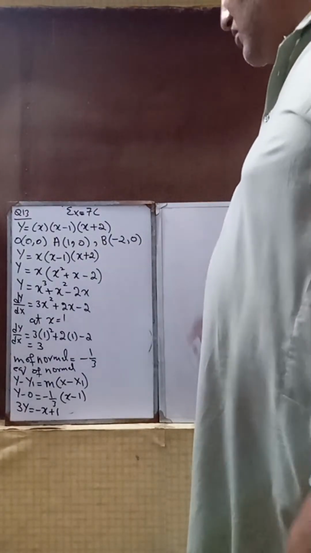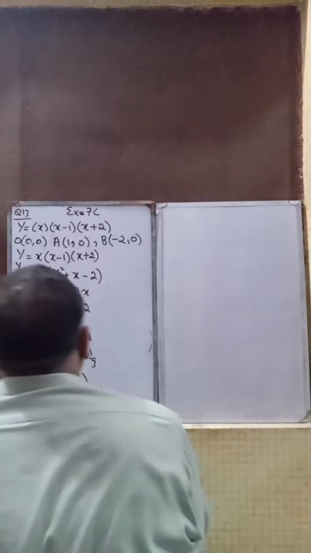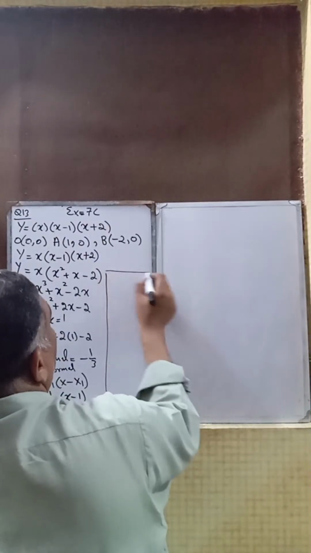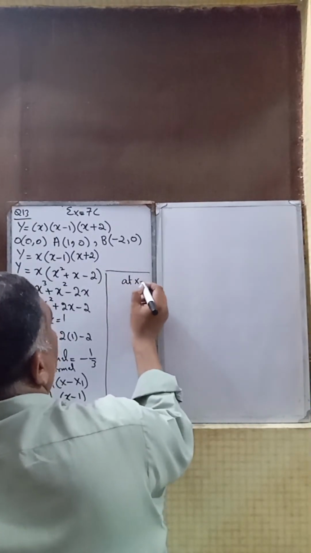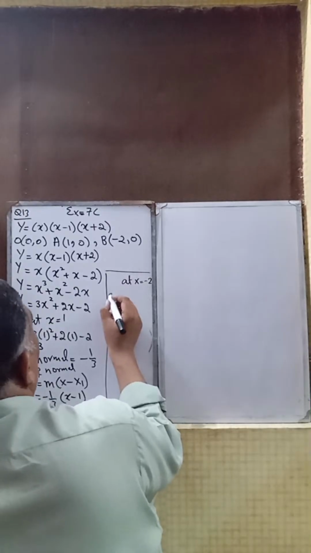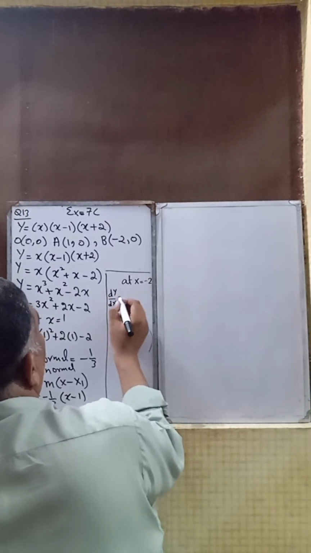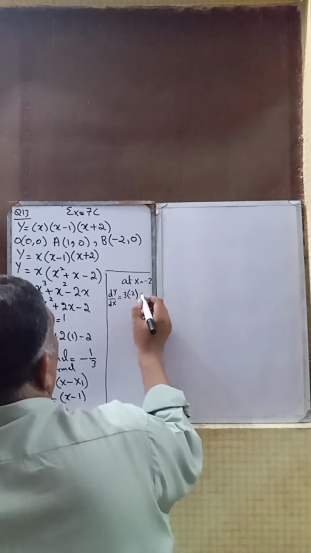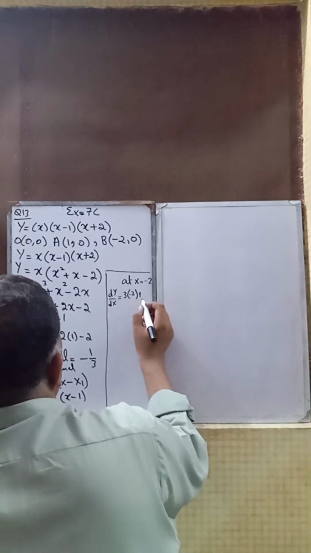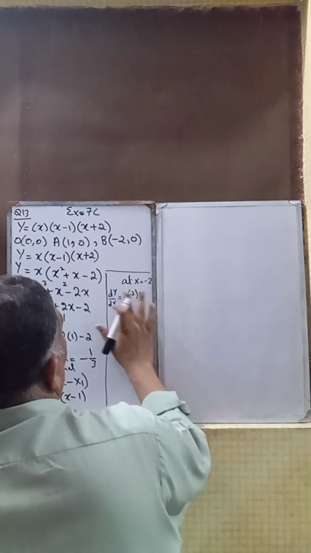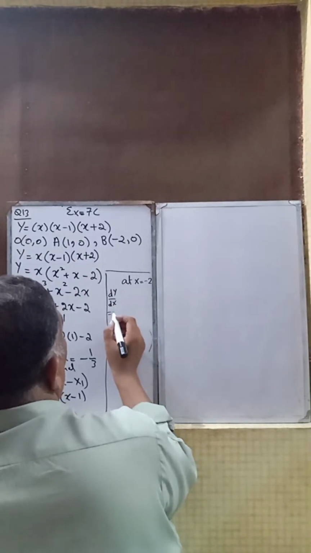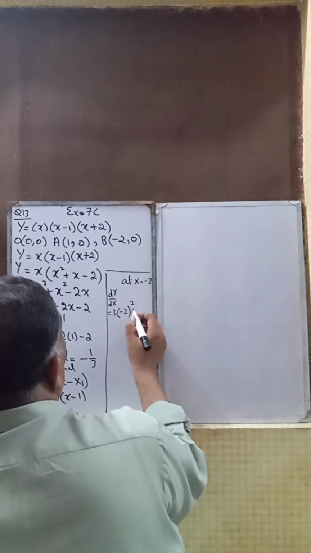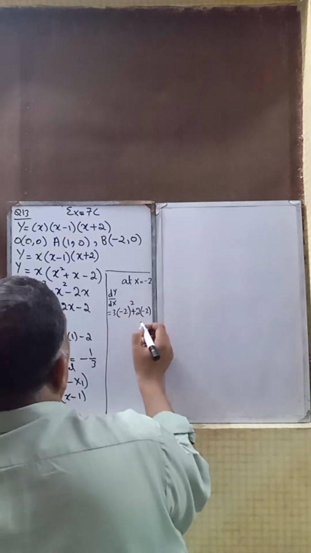Now we will find the normal at the point B. So let me write here so you can understand it. At x equals to minus 2, the value of dy by dx will become 3 into minus 2 square plus 2 into minus 2 minus 2.